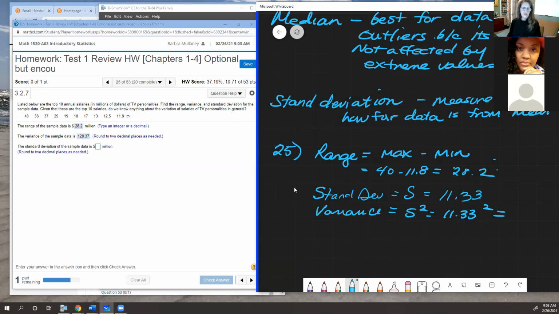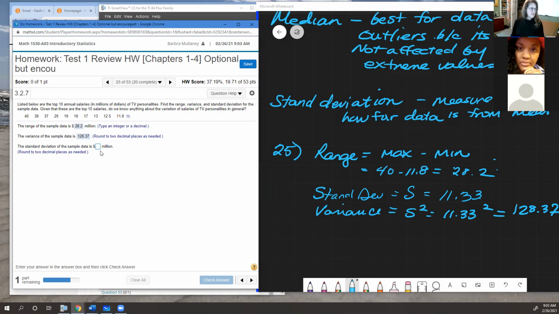And so we get 128.37. Just so for this one, you want to round. If they ask you for the variance before they ask you for the standard deviation, then take it to 2 decimal places if that's what they're asking. It says 2 decimals, so round the standard deviation that way as well, and then you should be able to get it right.